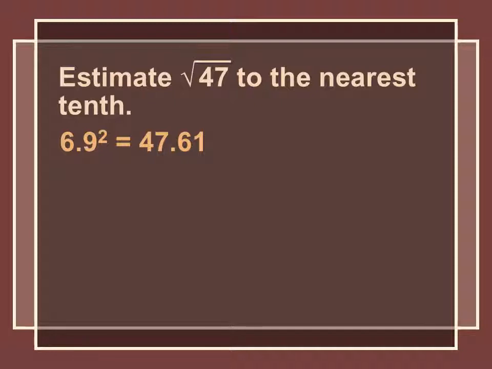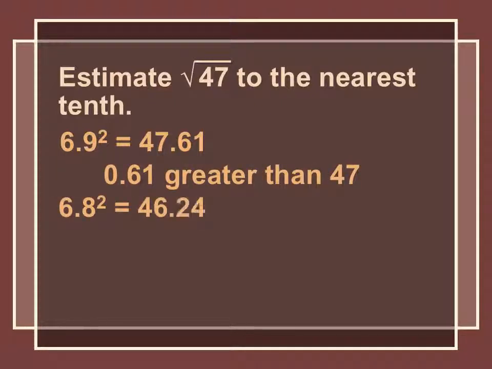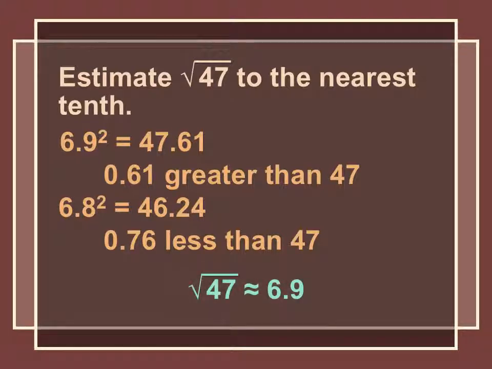So let's see if we can get closer. Let's try 6.8 squared. When I do that, I get 46.24, which is off by 0.76. So since 6.9 got me closer to 47 than 6.8 did, the approximate answer for the square root of 47 is going to be 6.9.